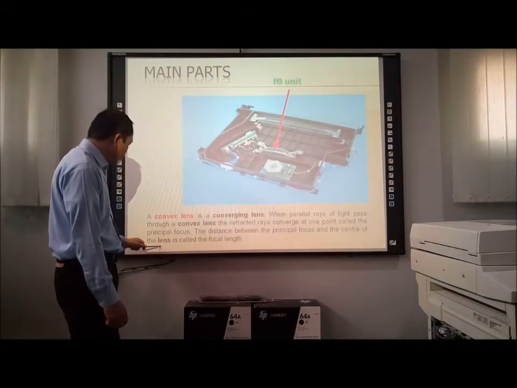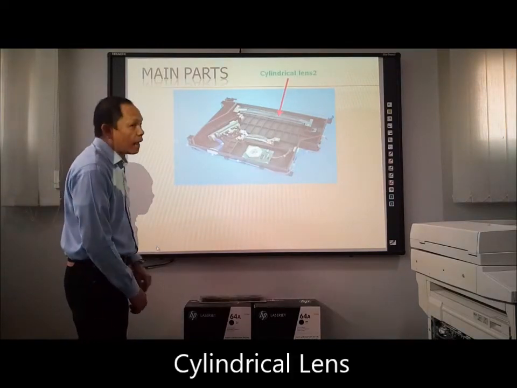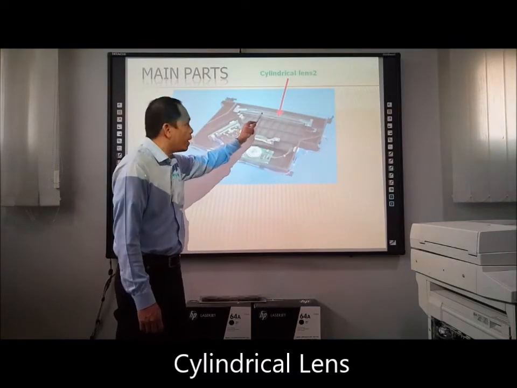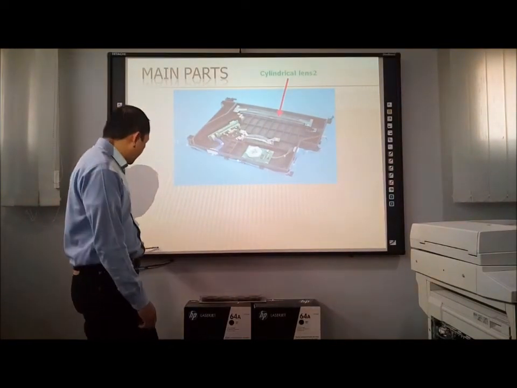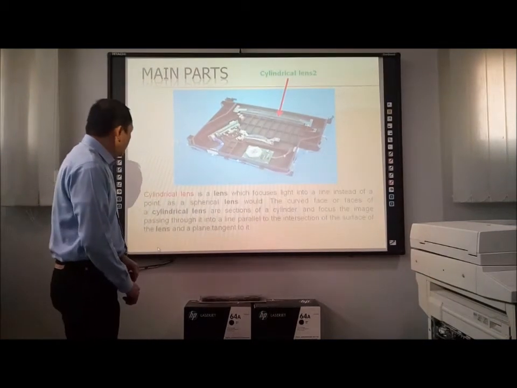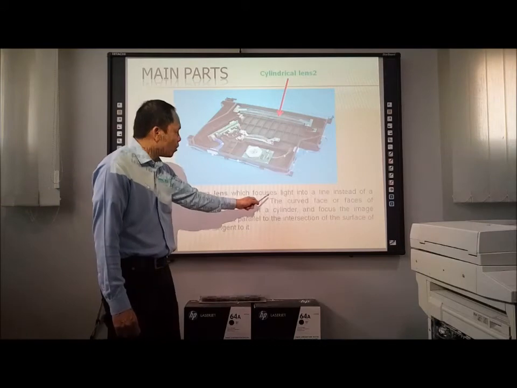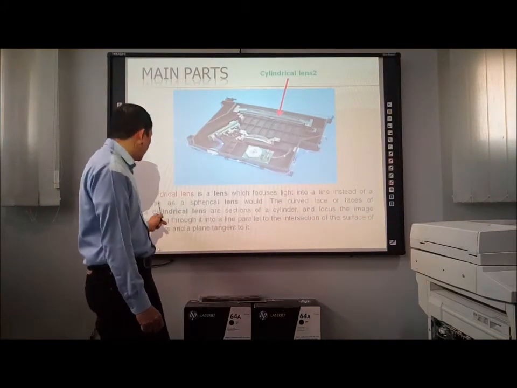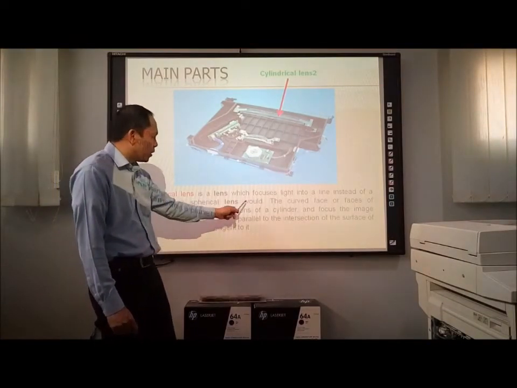Next, the cylindrical lens. The big lens inside the write unit is the cylindrical lens. A cylindrical lens is a lens which focuses light into a line instead of a point, as a spherical lens would.